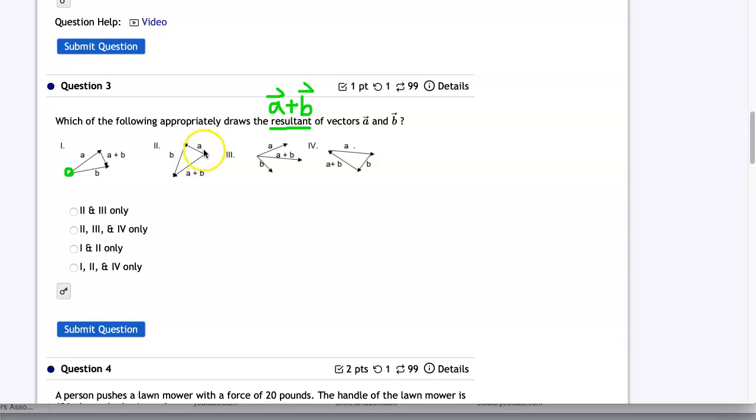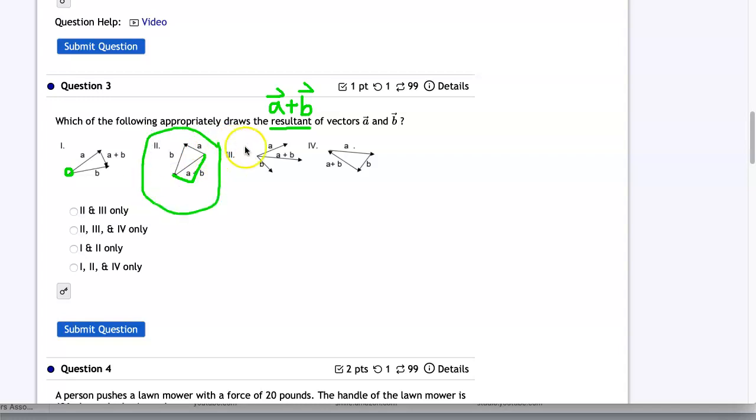Here you have A start, A ends. At the very end of A, then we see that B is added on. These two vectors are connected correctly, head to tail. And then A plus B ends up being the resultant because it's the diagonal of a parallelogram that would be formed. So this is one of them.